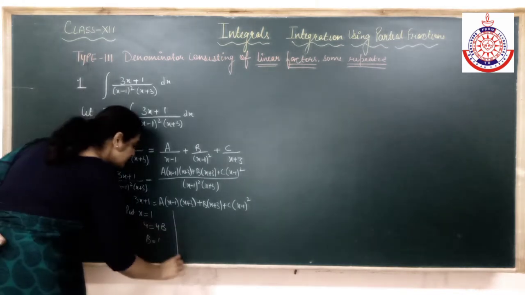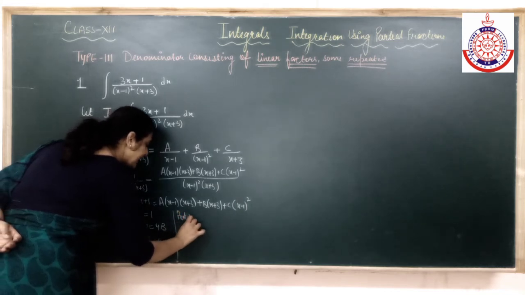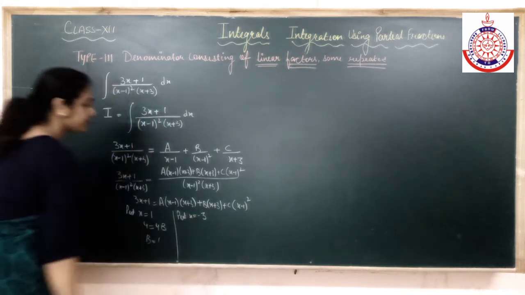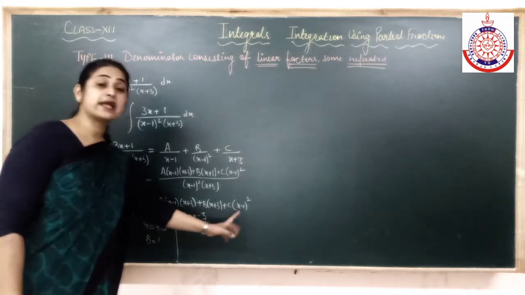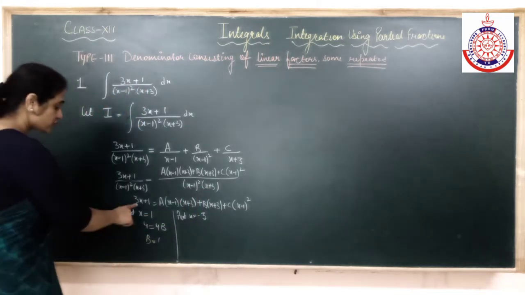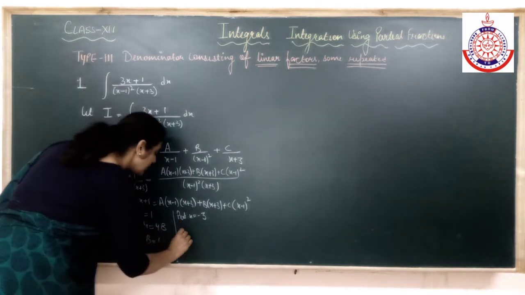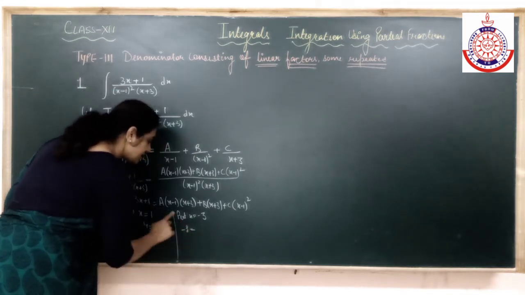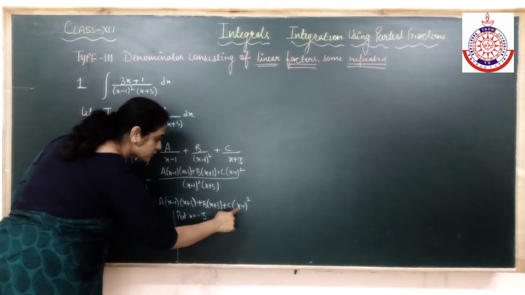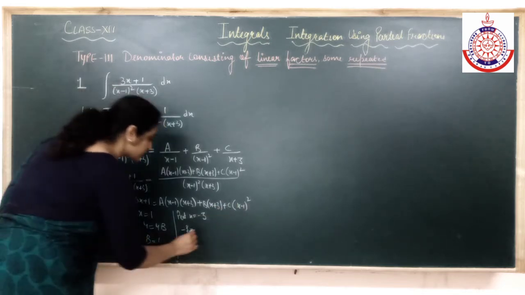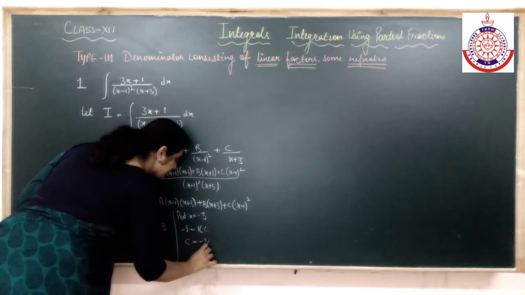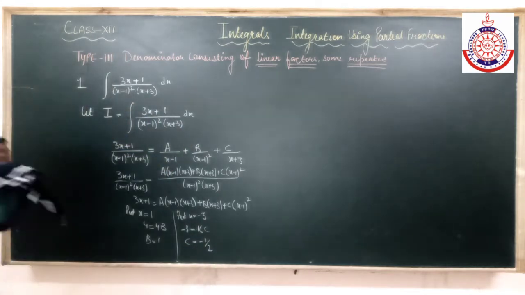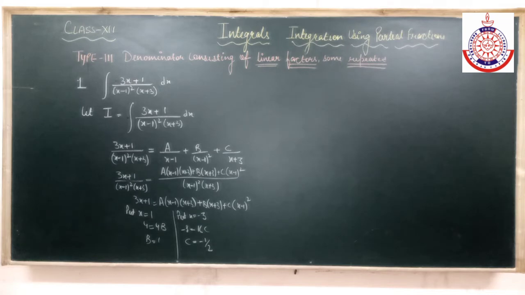Now I'll put X equals minus 3, to make these two 0, so I'll get the value of C. Minus 3, so minus 9 plus 1, minus 8. This becomes 0, this becomes 0, minus 3 minus 1, minus 4, 16. So C is equal to minus 1 by 2. Clear, children?